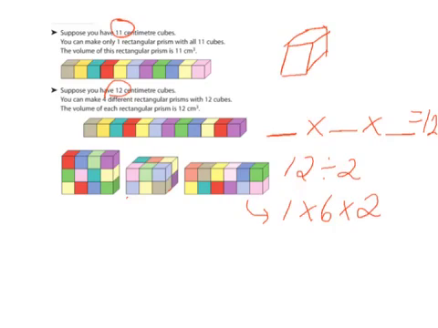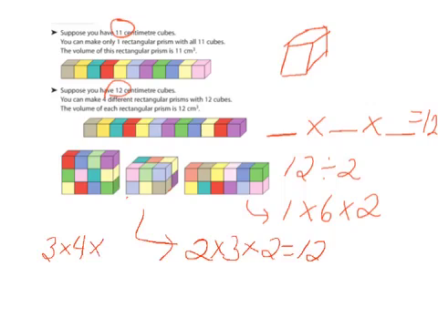I could also have the fact that I know 2 times 3 is 6, and I'd need 2 layers. 6 times 2 is 12, so another group of 2, which would be 12. That would work as well. I could have 3 times 4, which is 12, and one layer, which would make it 12 still. So that would work, and that would be this one here.